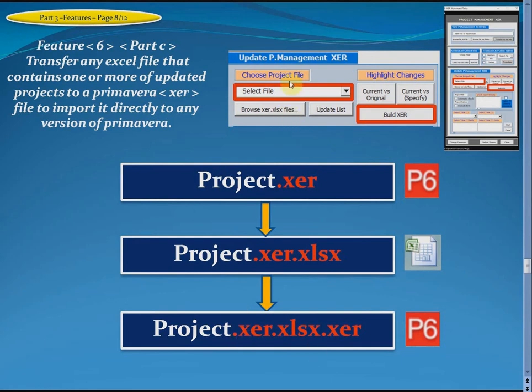So you will select the project file from here, and you will build the corresponding Primavera file from this option.